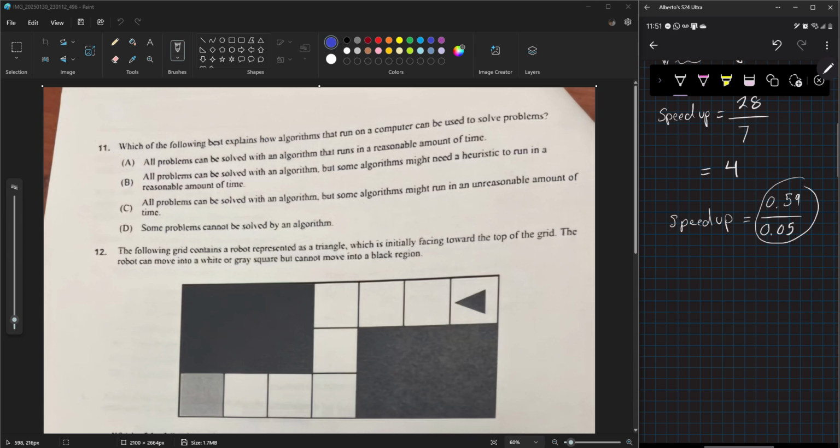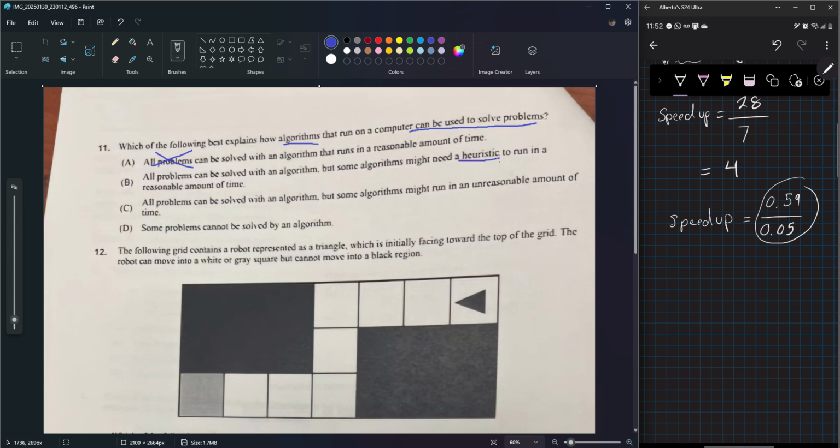Next you have, which of the following best explains how algorithms that run on a computer can be used to solve problems. So all problems can be solved with an algorithm that runs in a reasonable amount of time. So that's false. There are problems that cannot be solved, right? All problems can be solved with an algorithm, but some algorithms might need a heuristic to run in a reasonable amount of time.